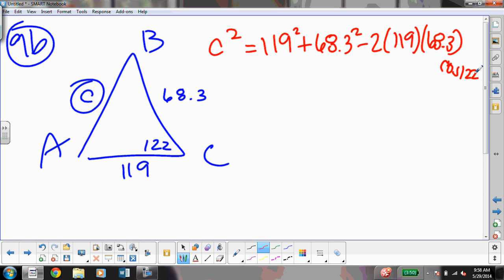And I can literally just pop this in my calculator. 119 squared plus 68.3 squared minus 2 times 119 times 68.3 times the cosine of 122.